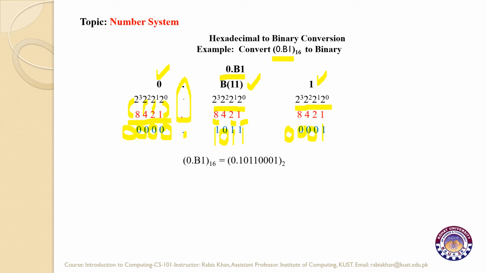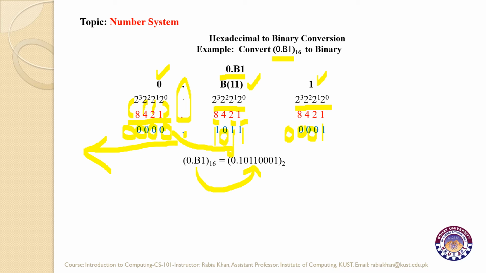So 0.B1 in base 16 is equal to, you can see towards the left of the decimal point only a single 0 is enough. So instead of writing 4 zeros, we can write a single 0. But towards the right of the decimal point, all the zeros have significant value, so you have to write all the zeros.